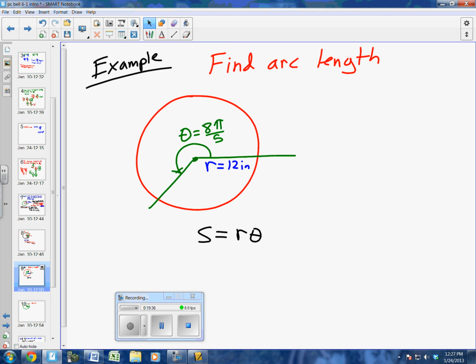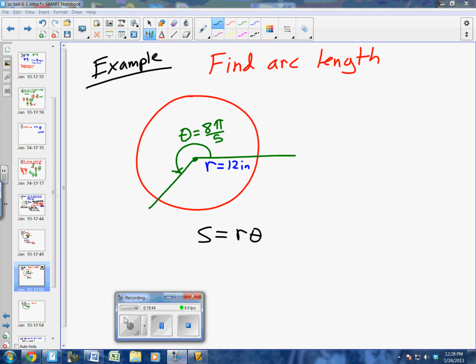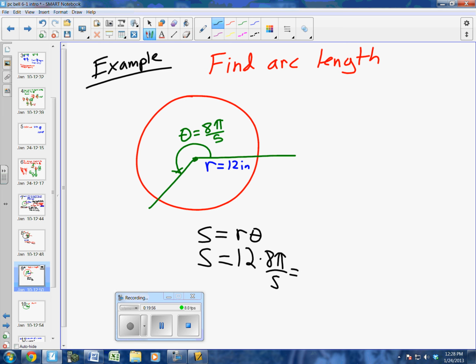Okay. Find the length of this arc. Everybody find that one. I'll give you a minute. What are we going to plug in for R, everybody? 12. What are we going to plug in for theta? 8 pi over 5. Now, I could write this as 48 pi over 5.